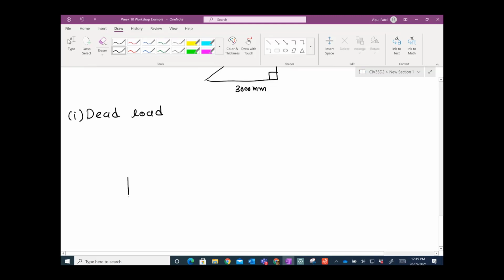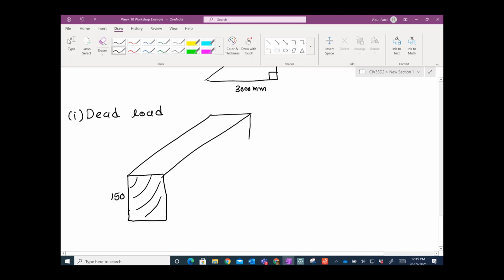Now for the dead load, this is the stringer that we are going to use. That is 45 millimeters by 190, sorry.